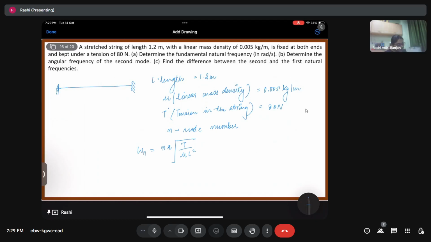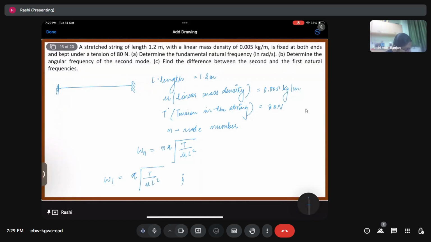Okay. Now, if we need to find this out, firstly, what you need to understand is that omega will be dependent upon the value of n. And the difference between the first mode, second mode, third mode, and fourth mode is just the value of n. Everything else in this expression is going to be the same, right? So omega 1 is what? Pi into under root T by mu L square.